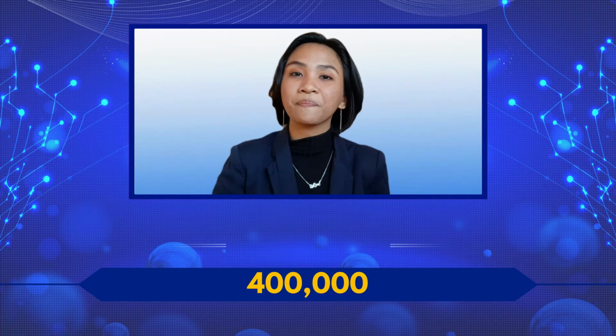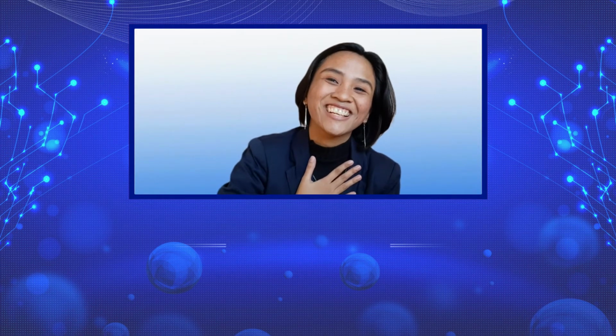Now we're down to the 12th question, or should I say the last question for this category. This is worth 400,000 pesos, so Rena, makinig kang mabuti. This question is... Ako magsasabi, of course. Okay.